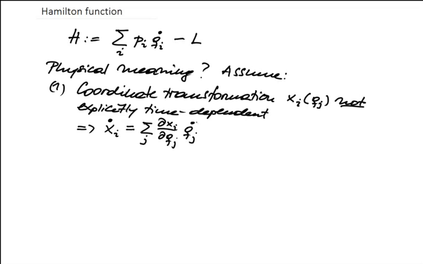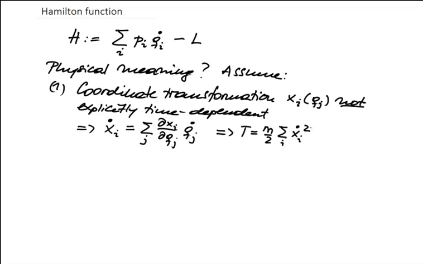So the xi dot are linear combinations of the qj dot, where the coefficients, these partial derivatives, don't depend on velocities, they only depend on position. And this has as a further consequence, when you look at the kinetic energy in Cartesian coordinates, we know what it is: mass over 2, sum over i, xi dot squared.